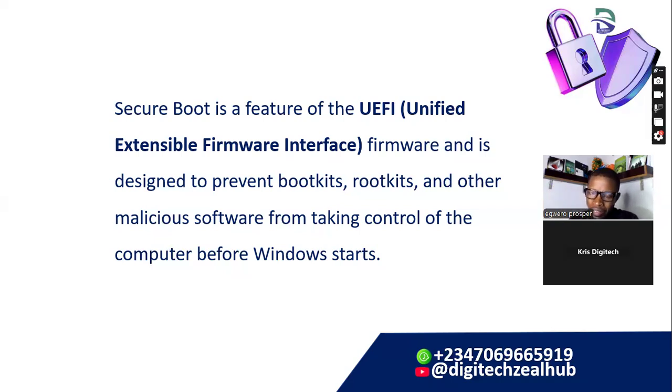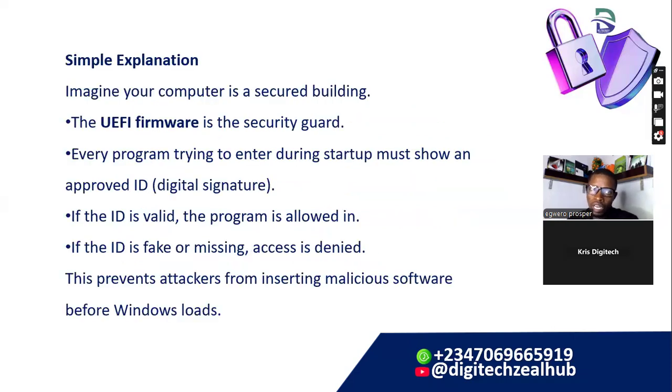I hope that is clear. Yes. Okay. So now let's look at some simple explanation, because I'm going to show us in a moment how you can actually check whether your system has this technology. If it doesn't have it, then you just have to adopt other security measures.